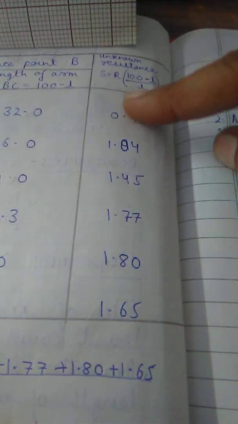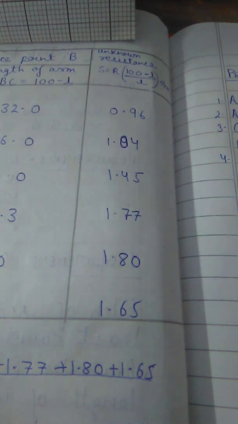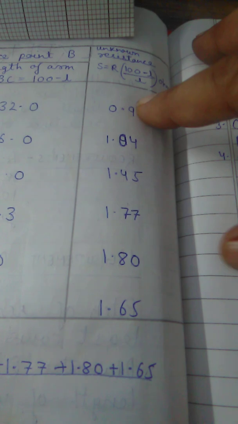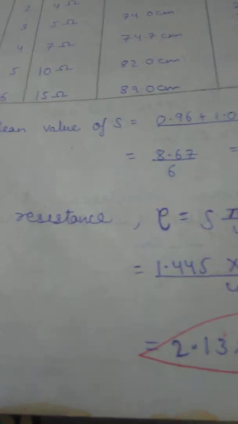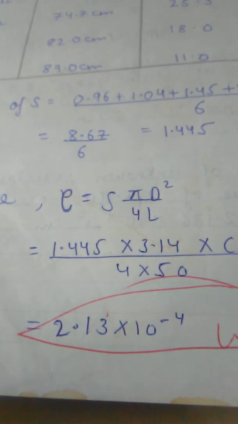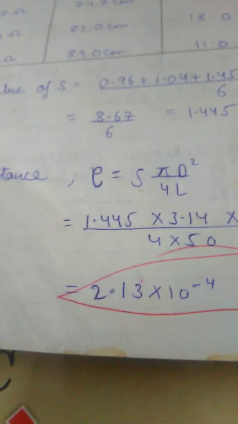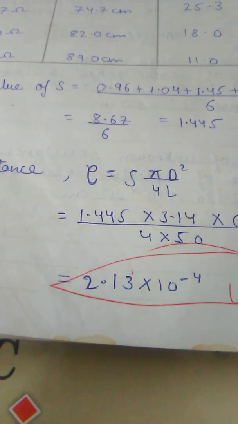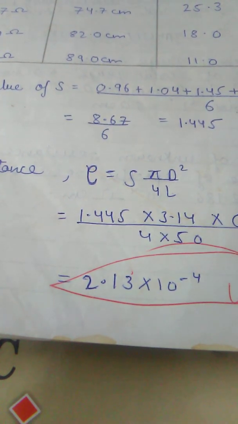Then we calculate the value of S by using the formula S equals R (100 minus L) upon L. This should be in ohms. Then we calculate the specific resistance. The formula for specific resistance is rho equals S pi D square upon 4L.